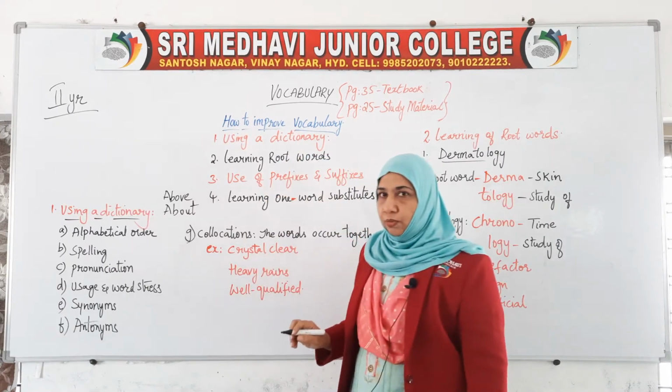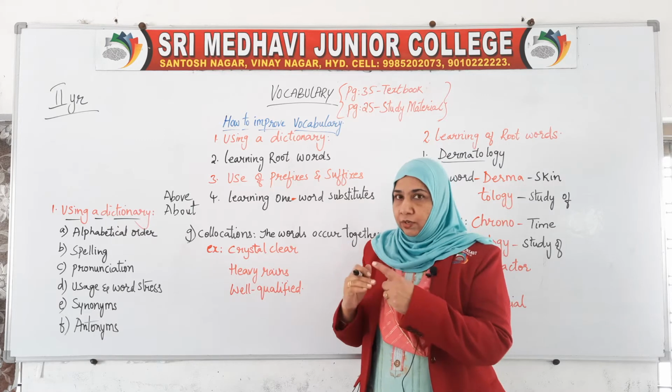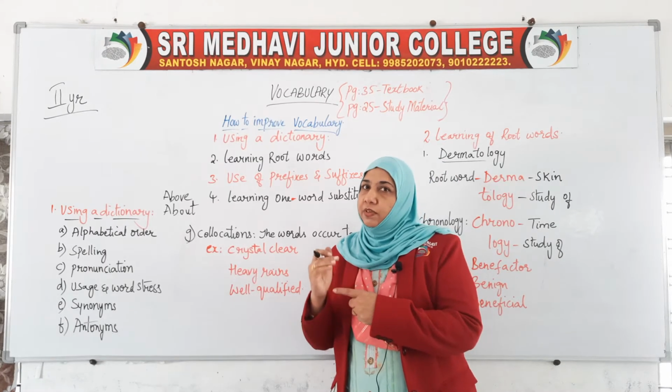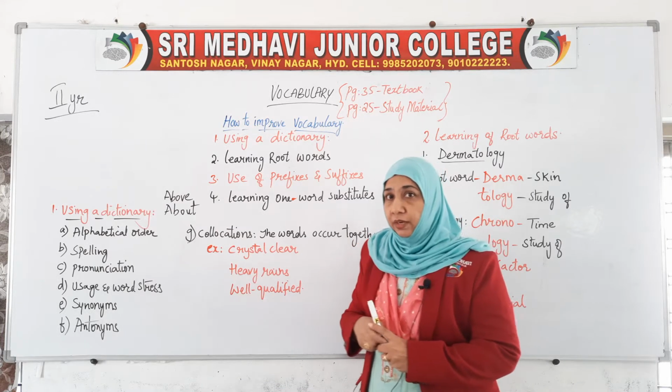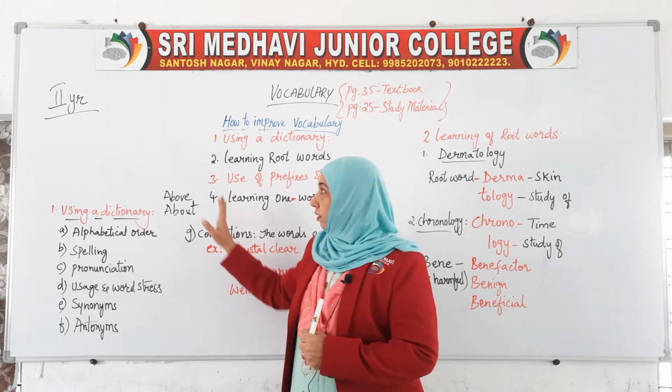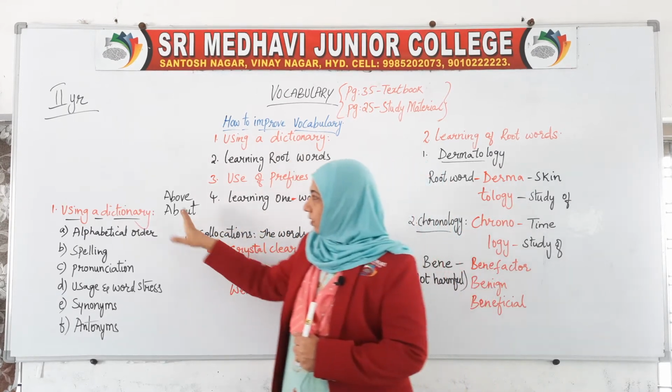Here if I ask you, according to alphabetical order, which is the first word to come in the dictionary? This you can get only when you refer to the dictionary.